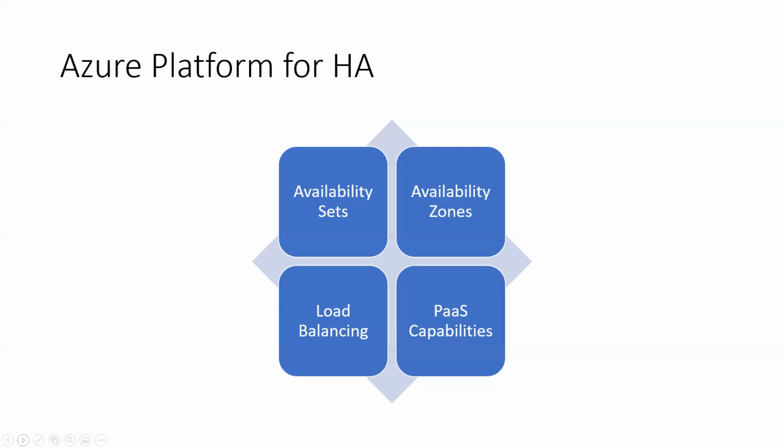PaaS services have inbuilt highly available architecture, whether it's Azure SQL or App Services or any other PaaS services. Most of them already have highly available capabilities, which makes your application reliable, because ensuring highly available architecture is one of the constructs that makes our application highly reliable.